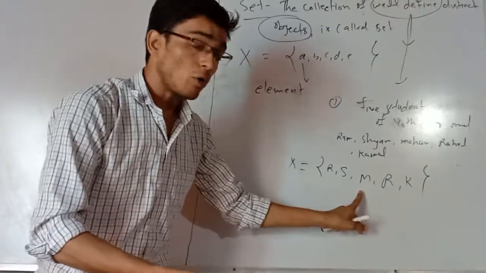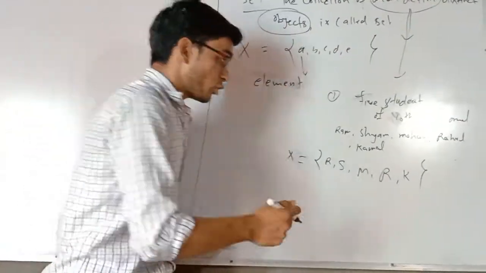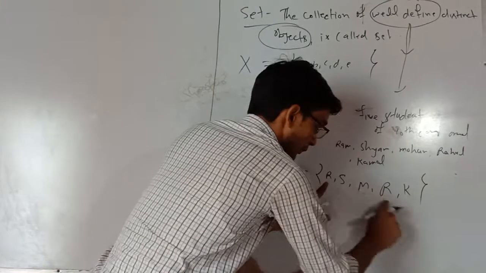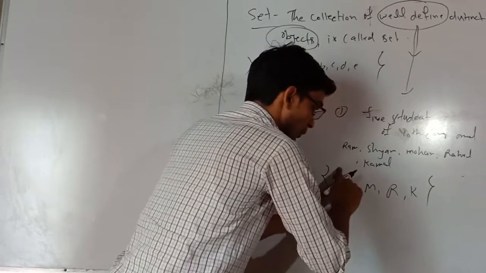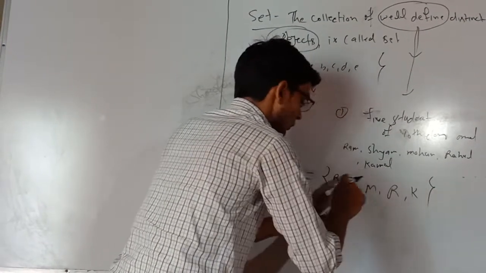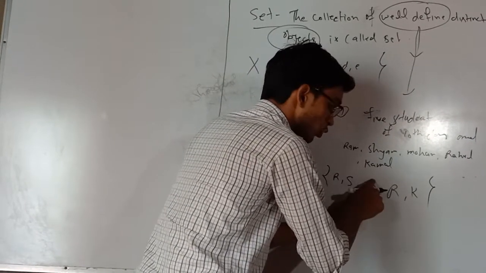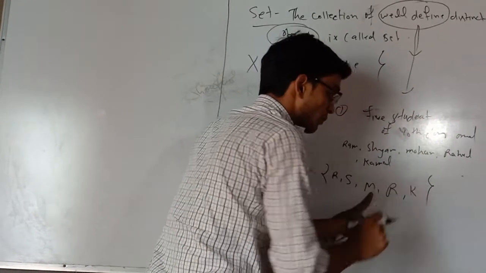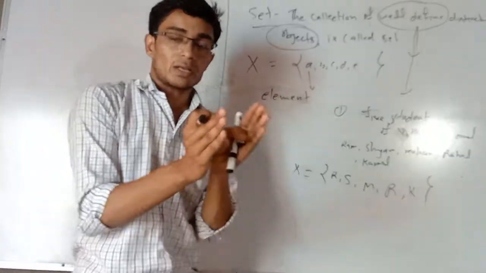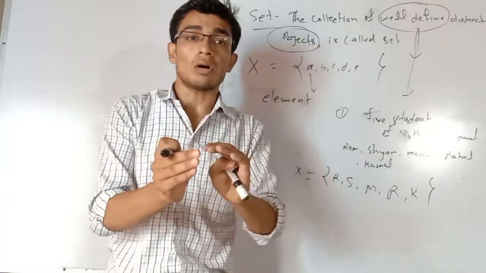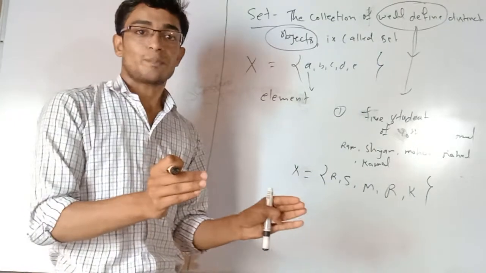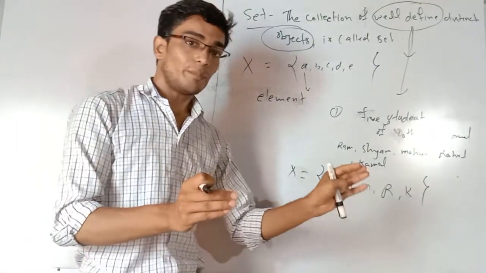I will tell you how it is well-defined, because we can compare among them. We can compare Ram and Kamal, between Shyam and Mohan, between Mohan and Ram. Well-defined means we can compare the elements of a set. So it is well-defined.